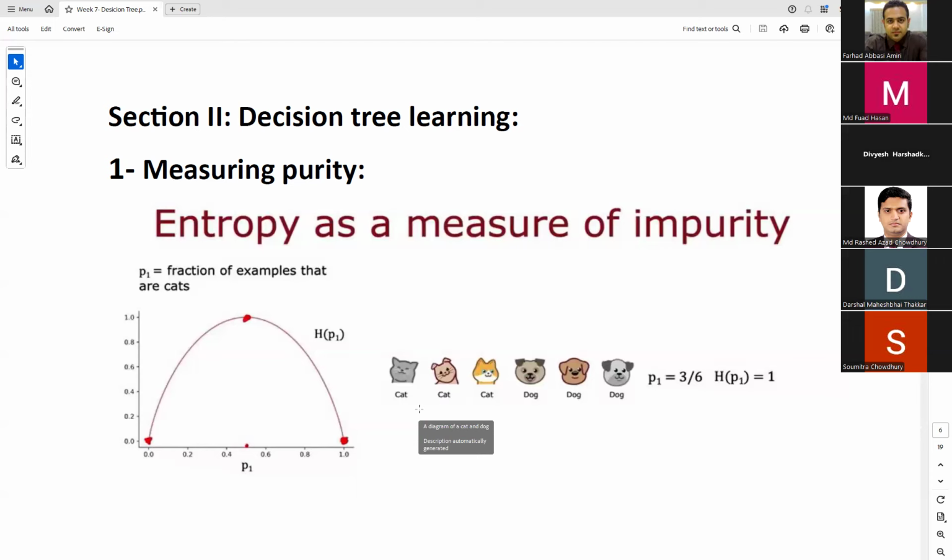If the other feature generates larger entropy, then you ignore it for now because it increases the impurity.